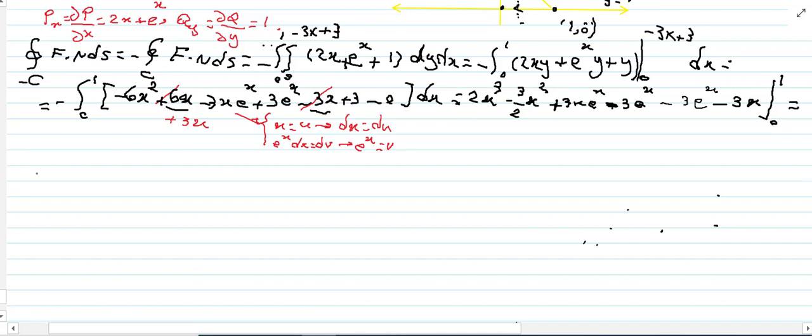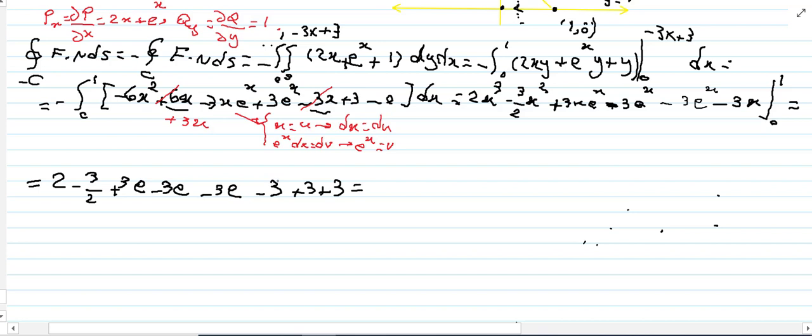If I put 1, I will get here 2 minus 3 over 2 minus 3, which is a positive 3 exponential power 1 minus 3 exponential power 1, minus, then we put 0, and 0 will be here positive 3 and positive again 3.